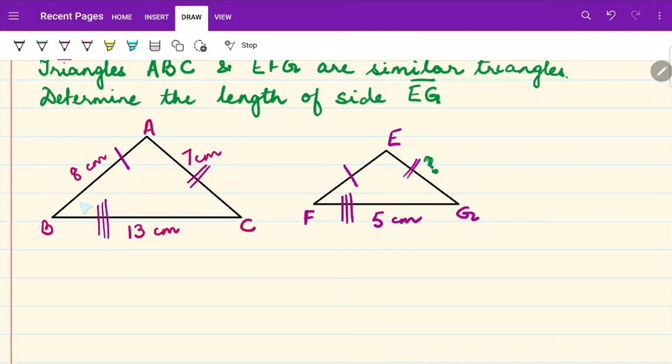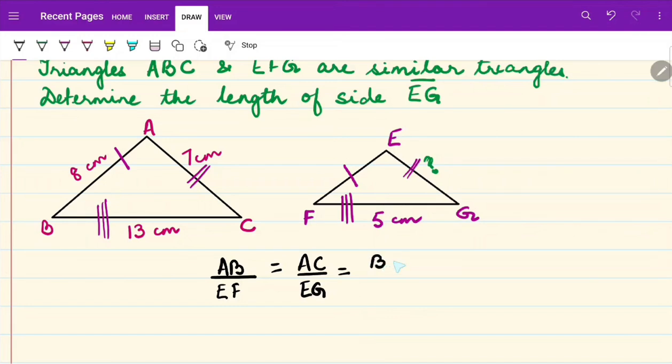We are going to have AB over EF, that's its corresponding side, will be equal to AC over EG, and AC over EG will be equal to BC over FG, which are corresponding sides.